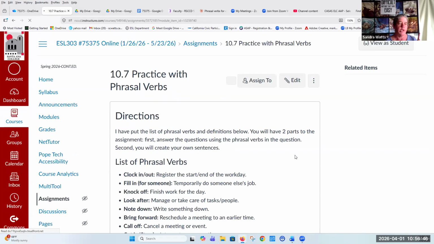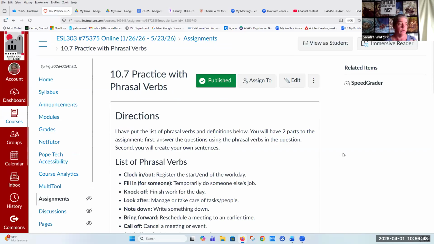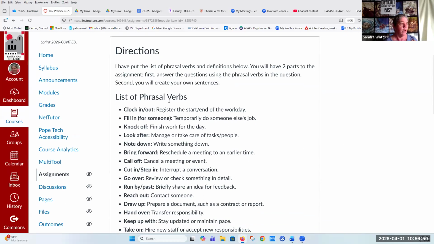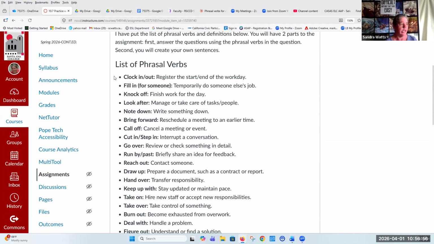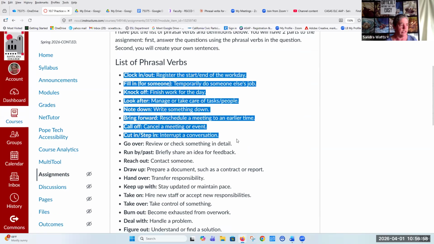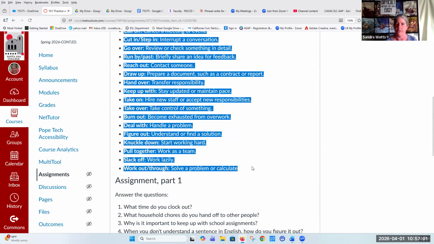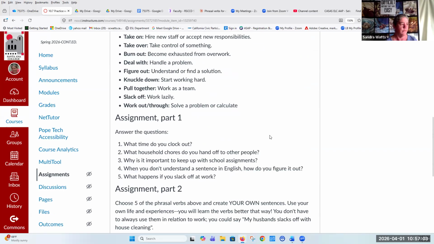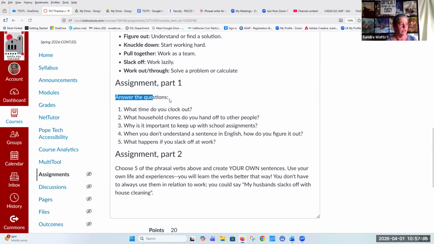Practice. Read this carefully. There are 2 parts to the assignment. Again, I put the whole list with definitions here, so it's on the same page. Part 1, you're going to answer the questions.